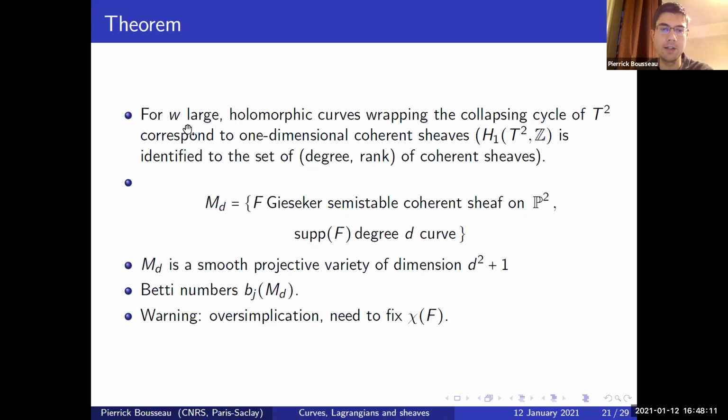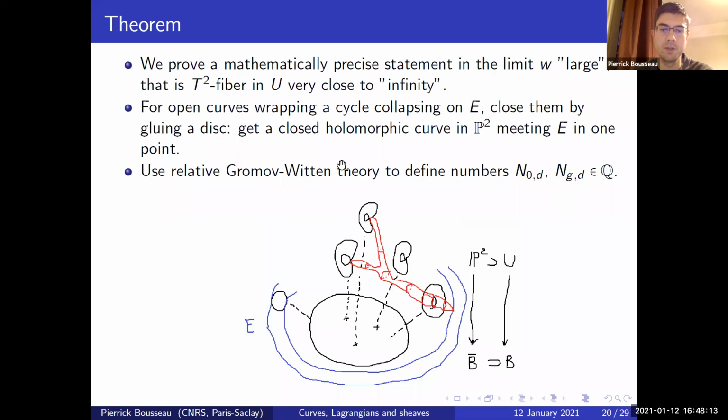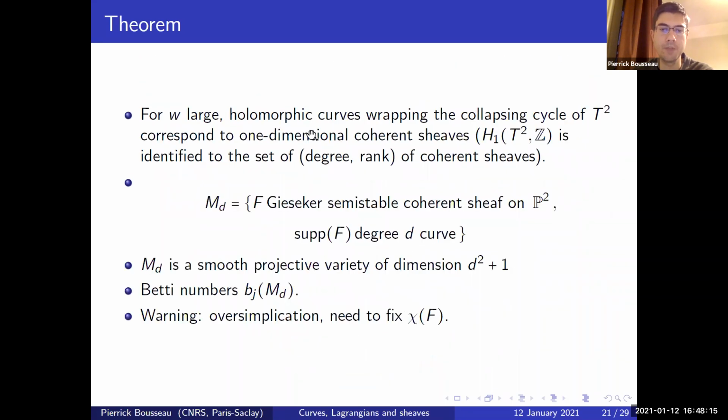And so the claim is that for W large, which was the limit I'm considering here, holomorphic curves wrapping the collapsing cycle of T2 correspond to one-dimensional coherent sheaves on P2.